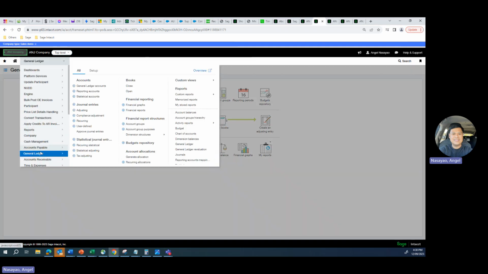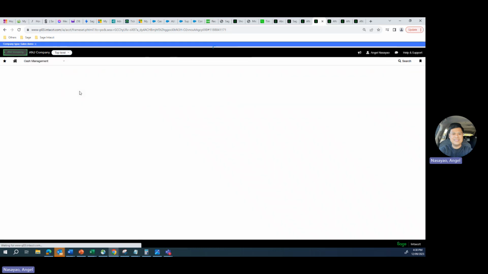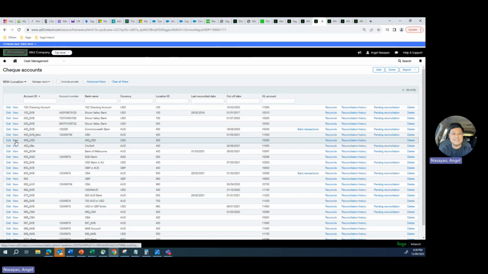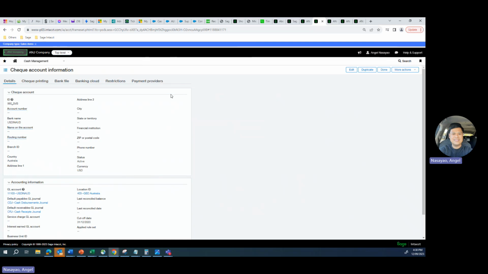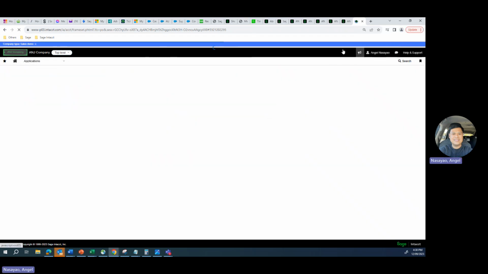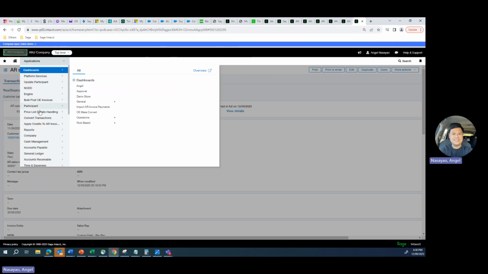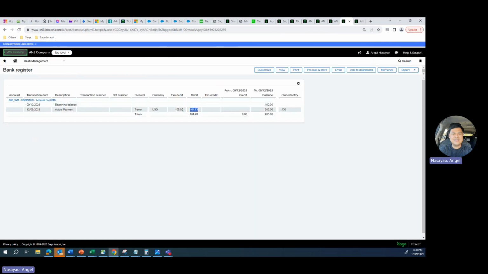So if we go back to the journal entry, where's that one? Sorry, let me double check. Cash management first, check account, which is 960. So this is a USD account, and 960 SVB, right? Then I open this up again. So 105, right? Yep, there you go.